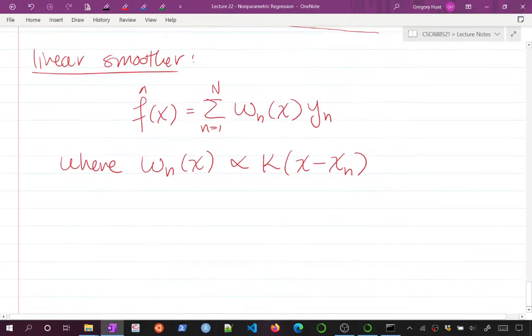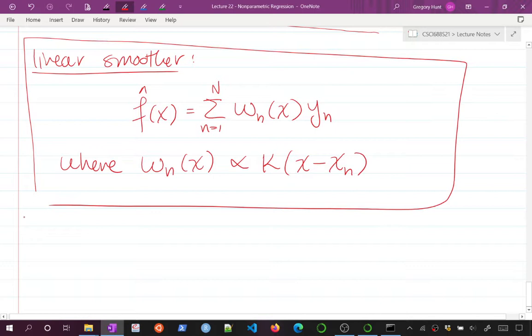So this is basically the story of how you can fit a linear smoother. These things are often called kernel smoothers, and the procedure is called kernel smoothing.